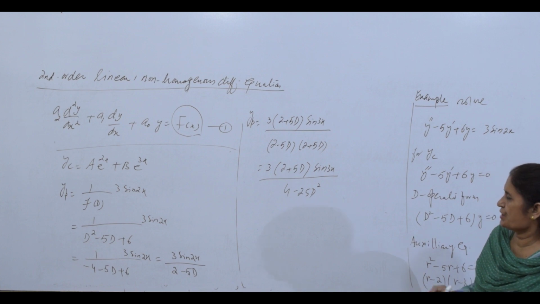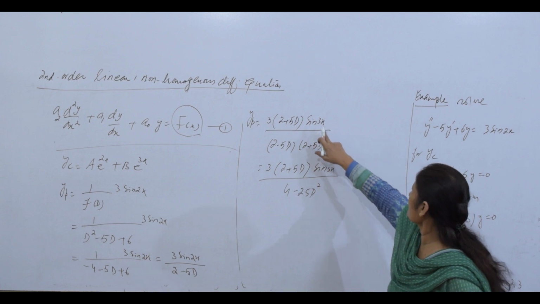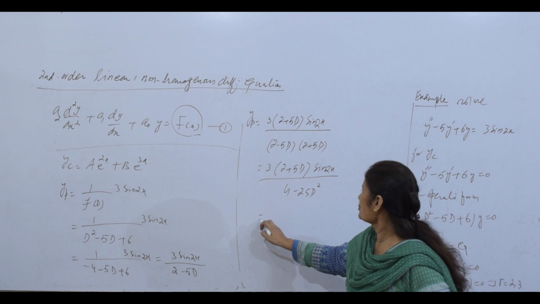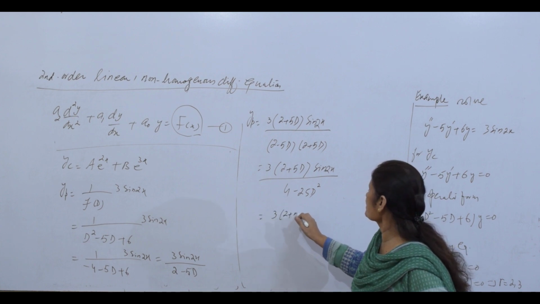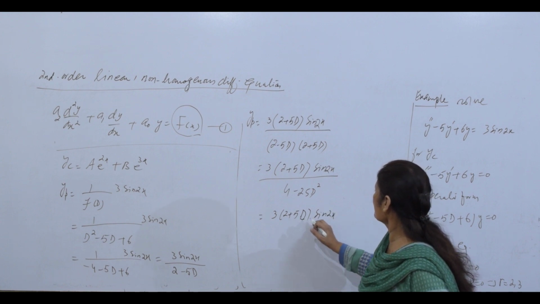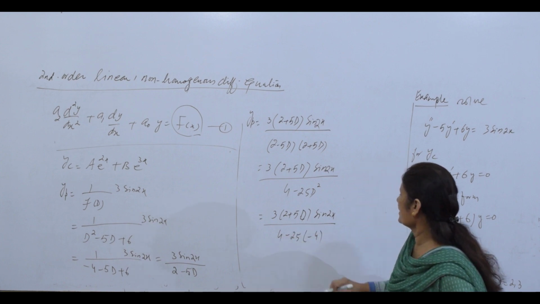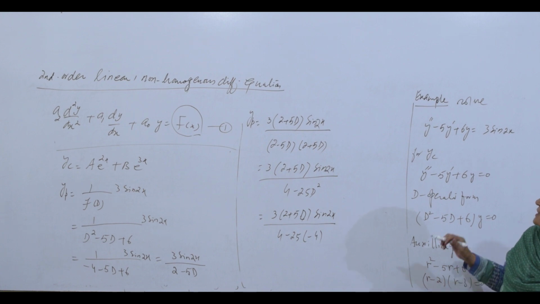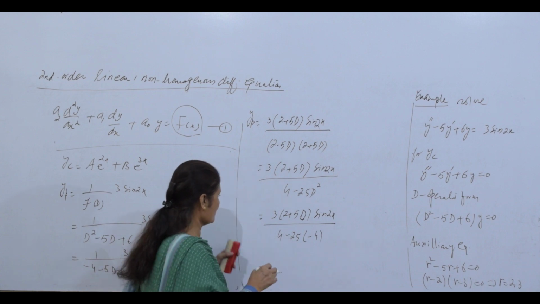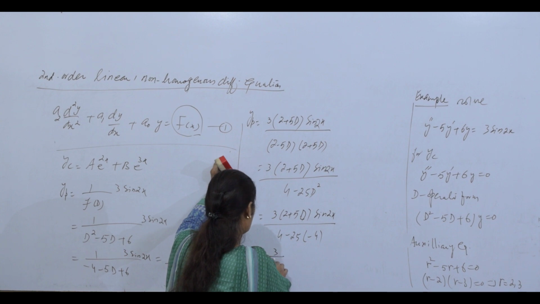Since D square is again in the denominator, replace D square by minus alpha square. Alpha is 2, square of that is 4, and put a minus sign with it. So 25 4s are 100, 100 plus 4 is 104. 3 by 104.